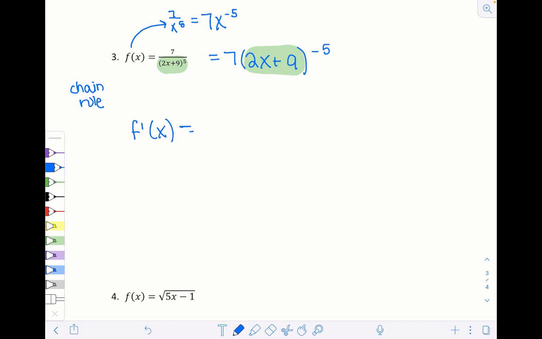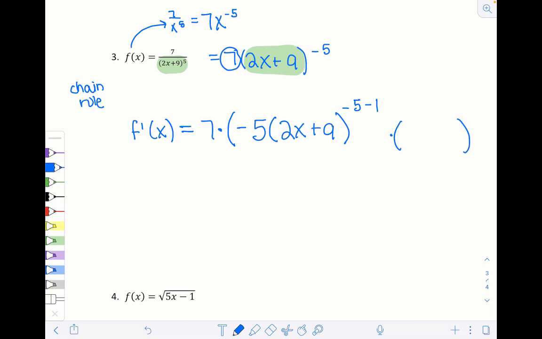F prime of x is equal to 7. You just leave the coefficient right in the front, times, and now this is when we would bring the exponent down, negative 5 times 2x plus 9. Don't make any changes to the inside there, and then it ends up being negative 5 minus 1, and then it is the chain rule part.